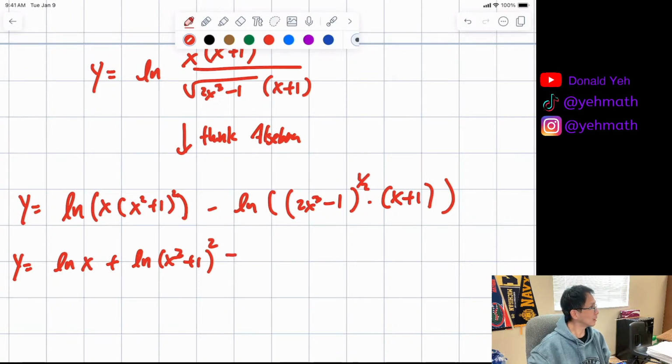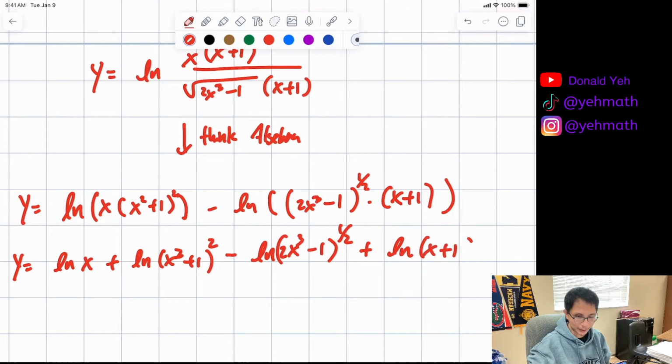Minus. I'm gonna make a mistake. You're gonna tell me what kind of mistake I make. What kind of mistake did I make? Negative sign distribute. If I just do this, that's gonna be a mistake because the negative sign is gonna distribute.